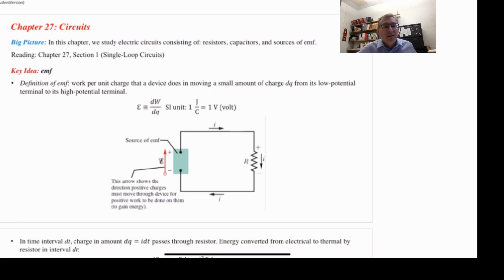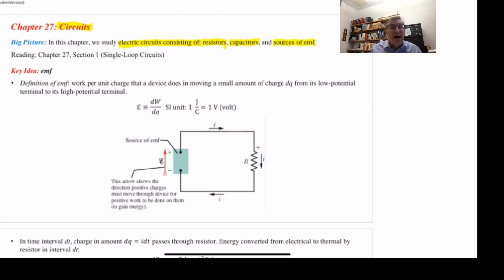Hello again. This is video lecture 27.1, and we are starting chapter 27, where we will be studying electric circuits. To be more specific, in this chapter, we're going to study electric circuits consisting of three types of circuit elements: resistors with some resistance R, capacitors with some capacitance C, and a source of energy, I'll say, but we're going to learn a new name for that source of energy.